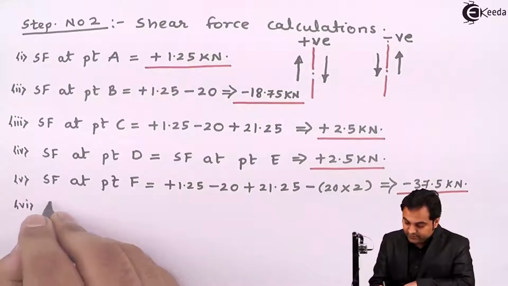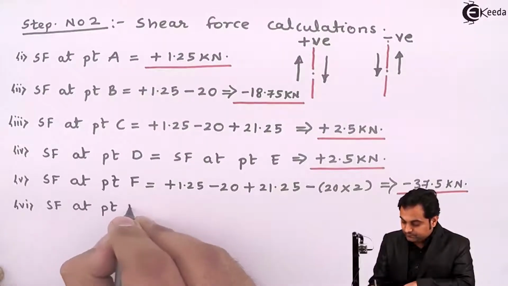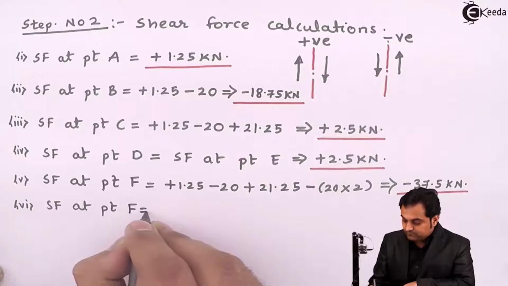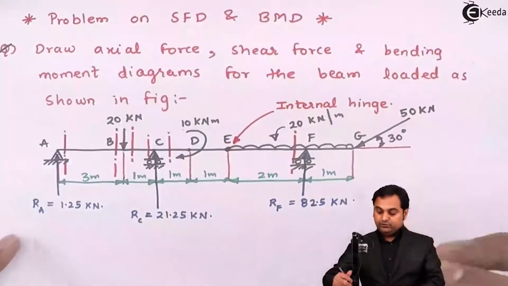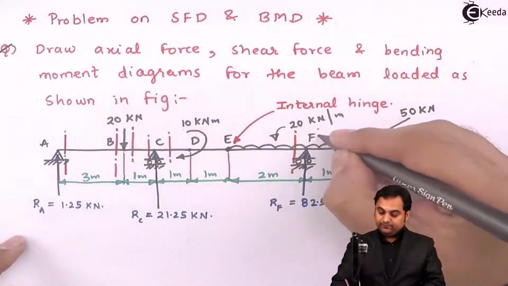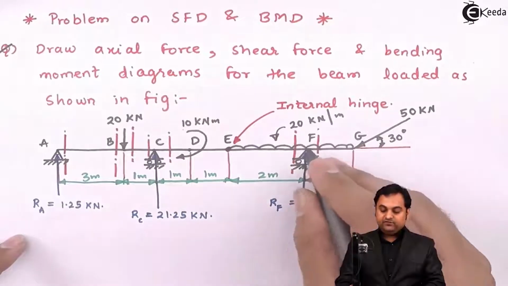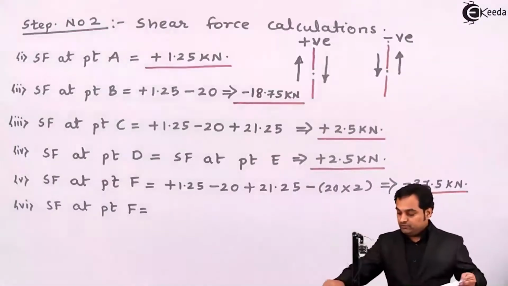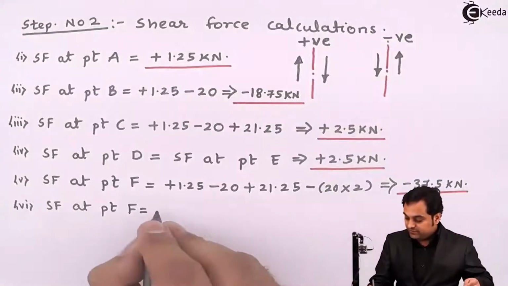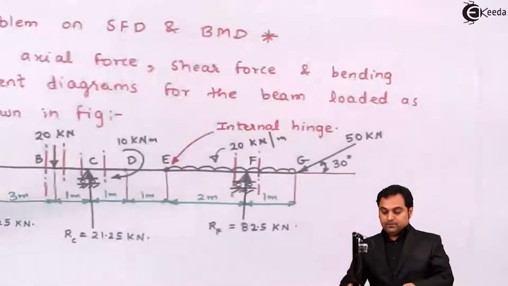We'll get another value at point F. That is, now I'll take the section very close to point F on the right hand side of F, where we will even have this 82.5 kilonewton acting upward. So up to the left of F, the forces are minus 37.5 kilonewton.